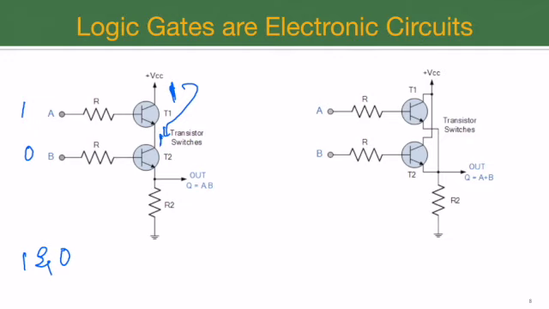So because of 0, this 1 received over here cannot be transferred over here, and the value over here will remain 0. So our output for this operation will be 0, which is what our AND operation is. It produces a 0 result if even one of the inputs is 0.